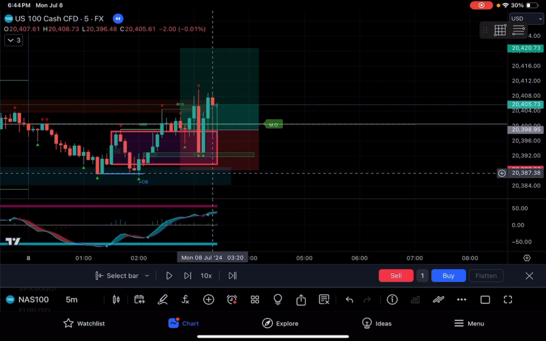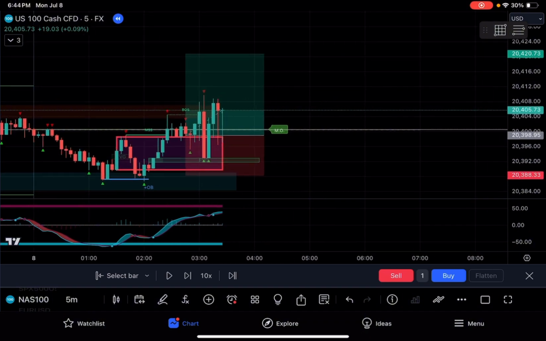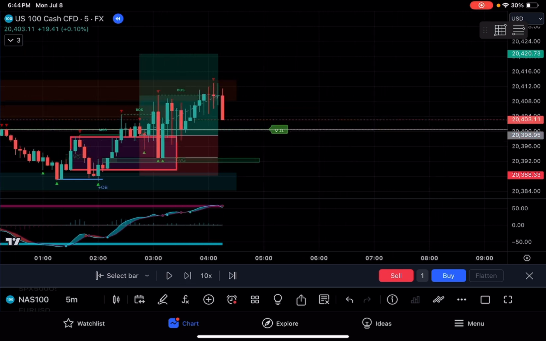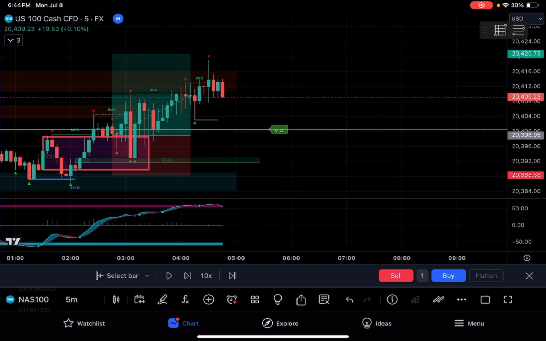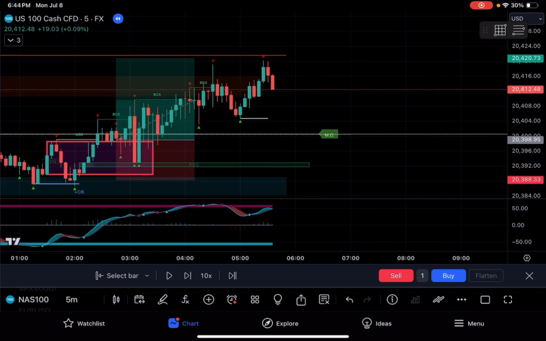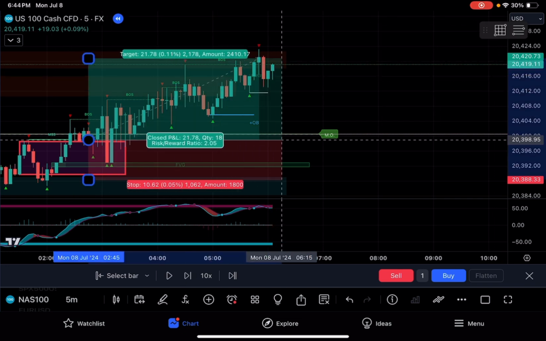See, I took out that fair value gap right here, the bottom, and then retraced. Still valid, and then it should take 1:2. So not yet. There it is.